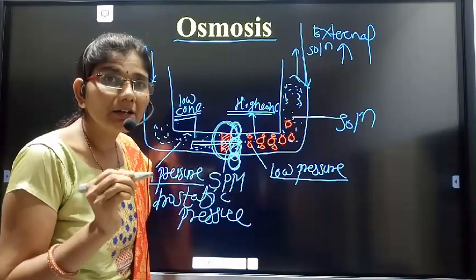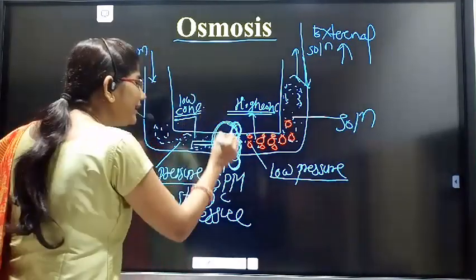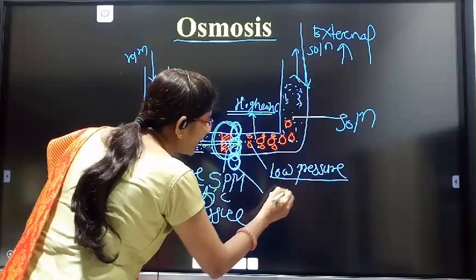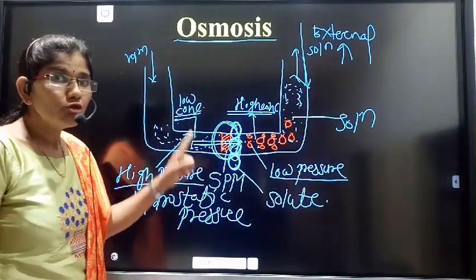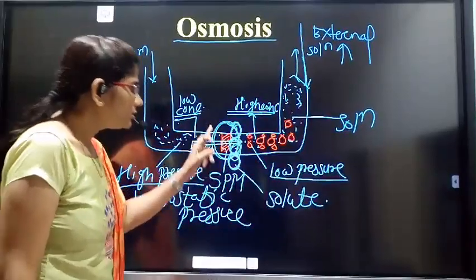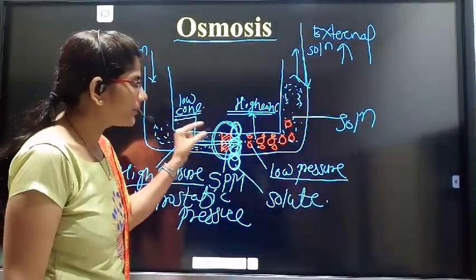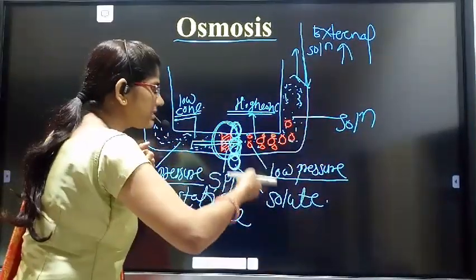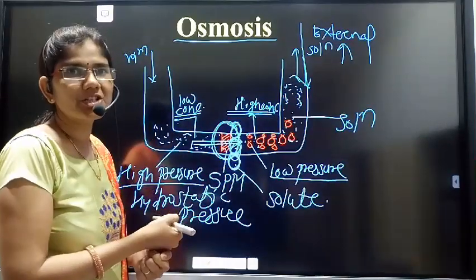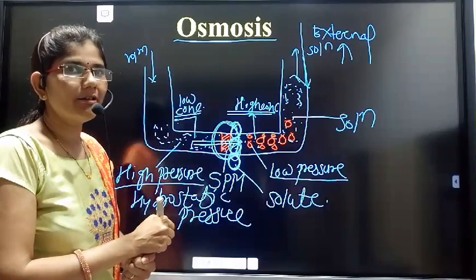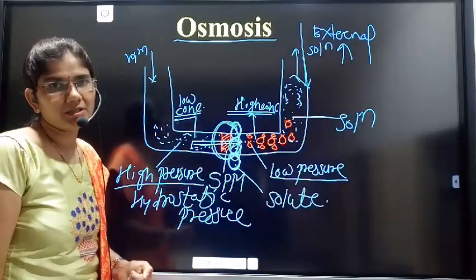Therefore there is a bombardment of the solute particles on this semi-permeable membrane, and it creates a hydrostatic pressure. That pressure is called osmotic pressure.